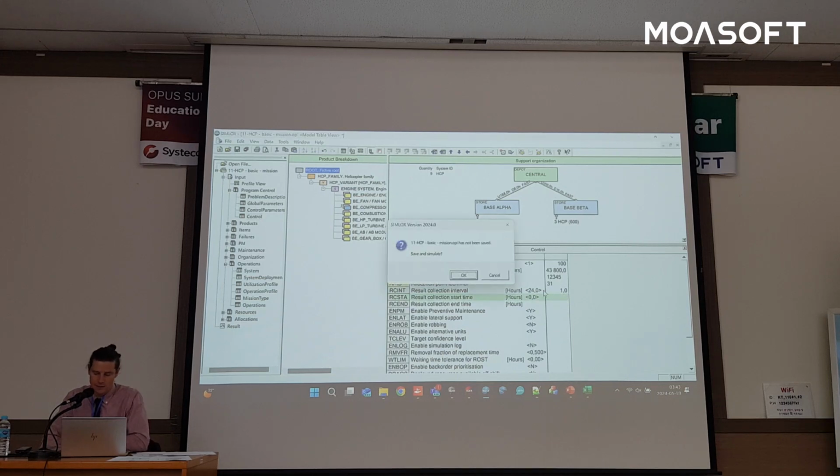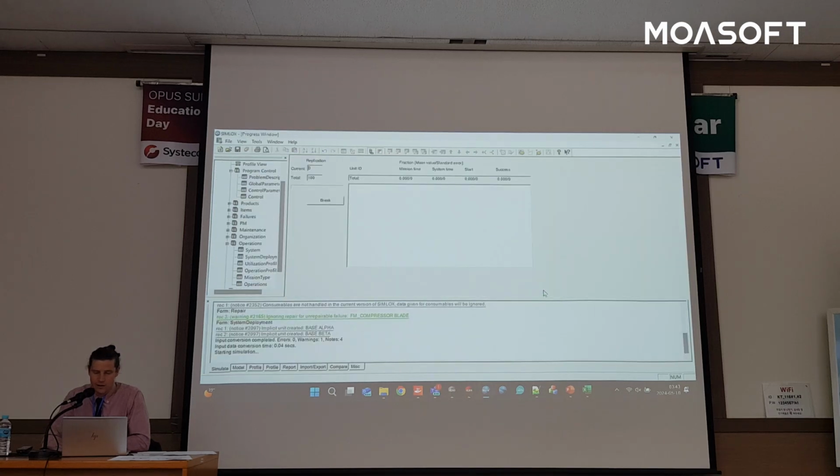That means the number of results is way higher because now I do 1 hour. That's also why the simulation will be much slower, because I'm producing something like 57,000 results for each of the results.